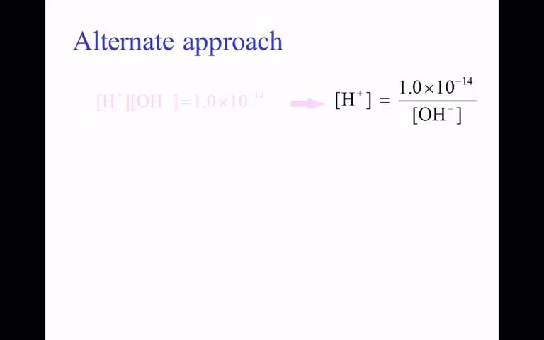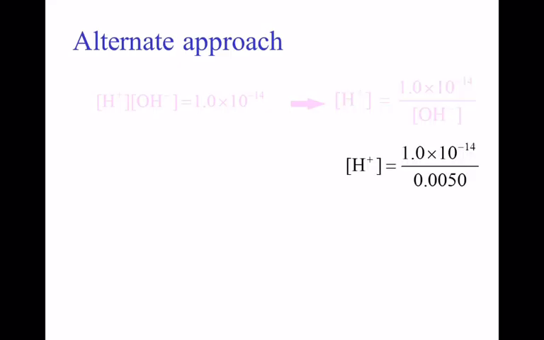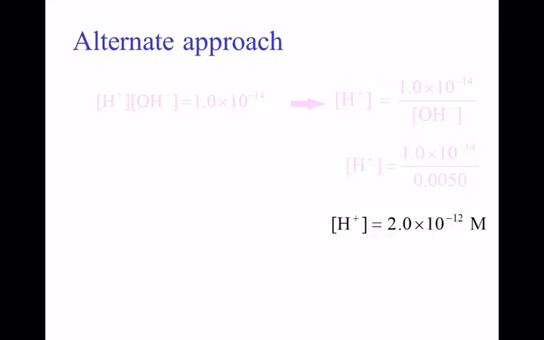The hydrogen ion is equal to the Kw divided by the hydroxide ion concentration, which we said was that 0.0050. So the hydrogen ion rounded to 2 significant figures should give us what we came up with before.